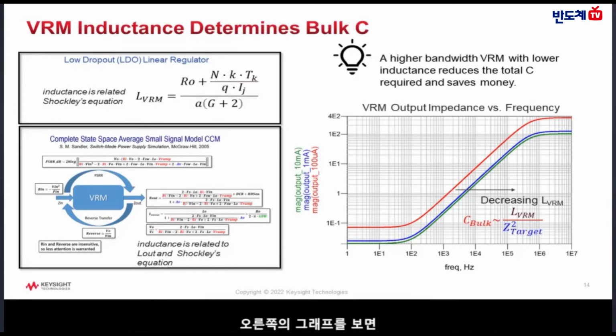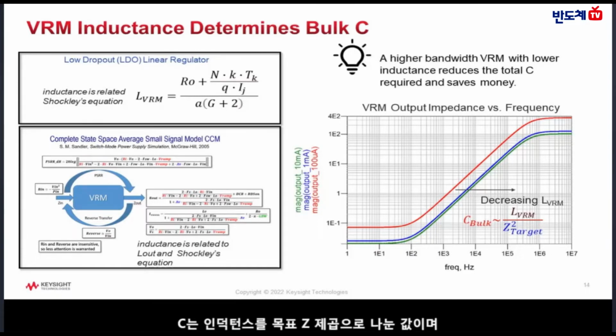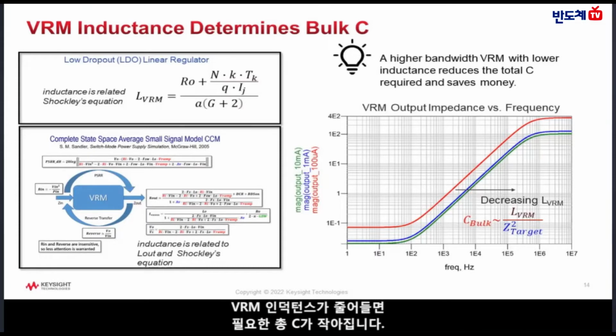Looking at the graph on the right, we can see that increasing the bandwidth of the VRM reduces the active output inductance, and according to our equation for flat impedance design, where C equals the inductance divided by the target impedance squared, the total C required is less if the VRM inductance is reduced.